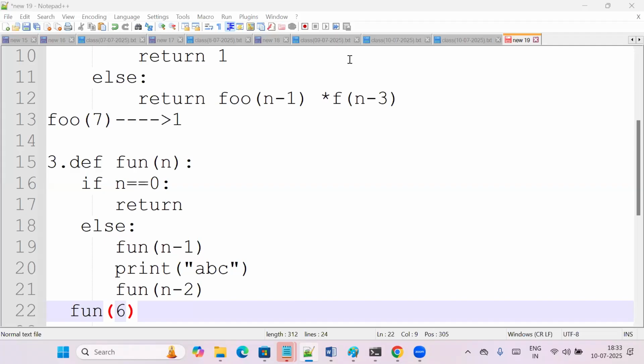What about the answer of this one? Trace it properly, guys, and let me know the answer. No problem. 20? There is no 20 here. You are printing ABC.